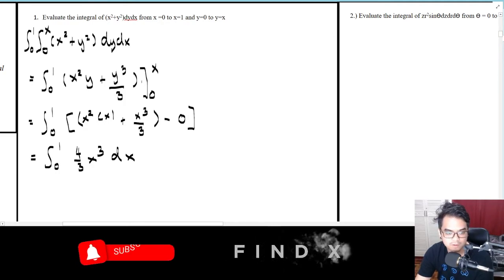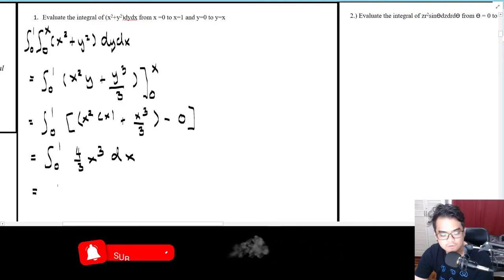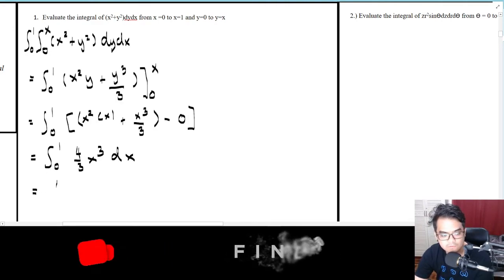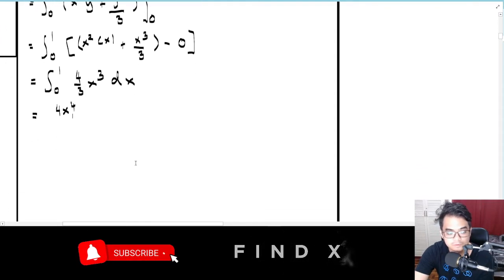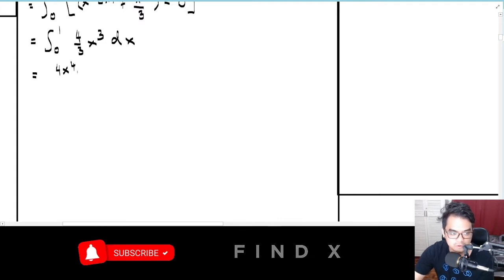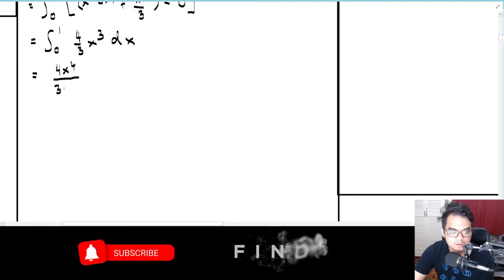I forgot the dx here, but it's fine. Let's integrate this one. Performing the integral, you'll have 4 times x raised to 4 over 3 times 4.